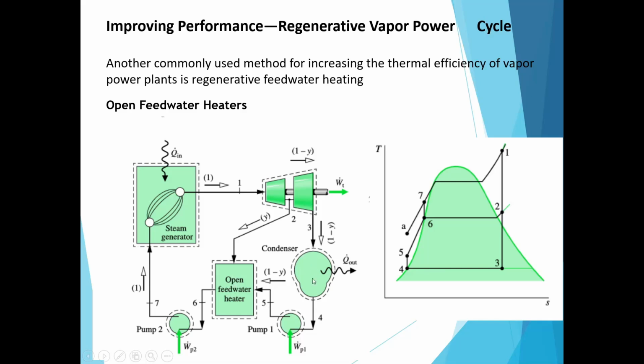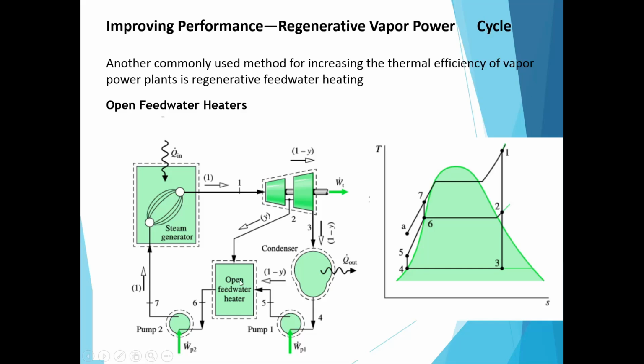This is the condenser, and after the condenser you have 100% liquid, which is pumped back, increasing the pressure using the pump. So you have subcooled liquid here, and that liquid is mixed with the steam line.